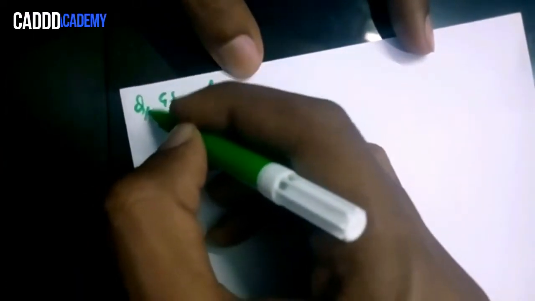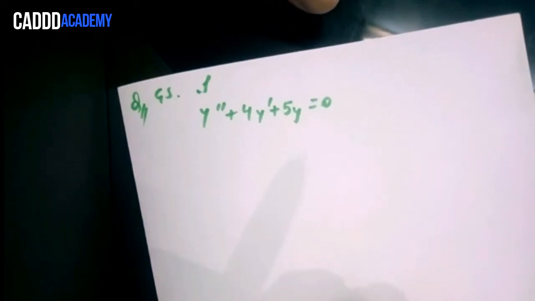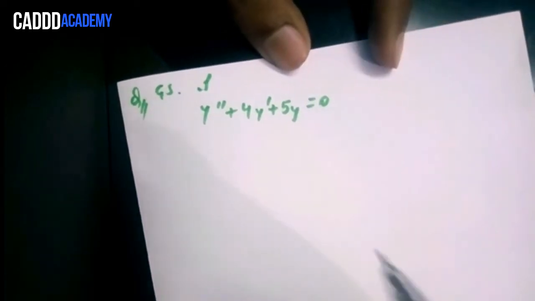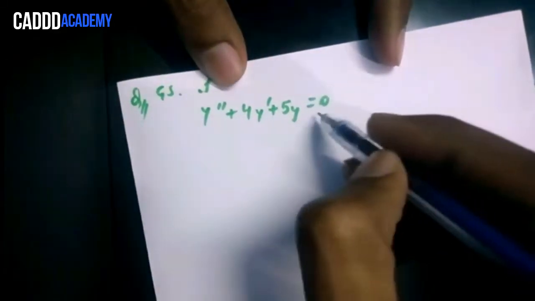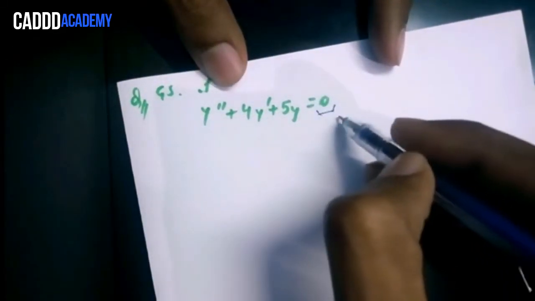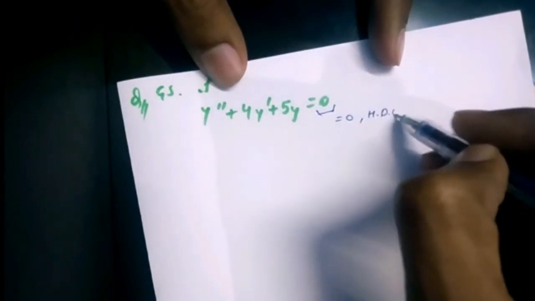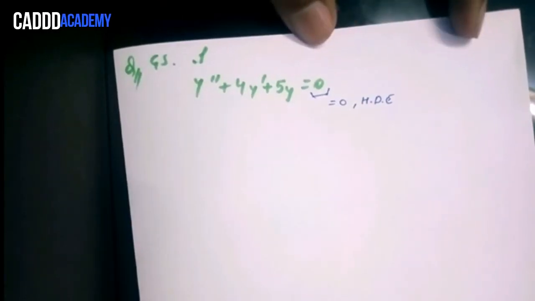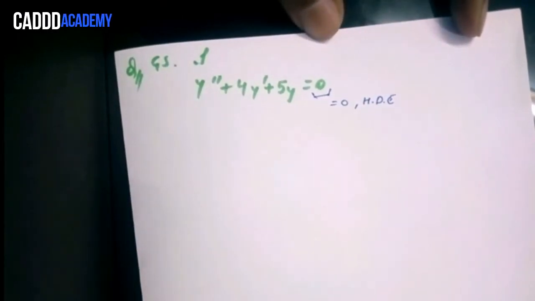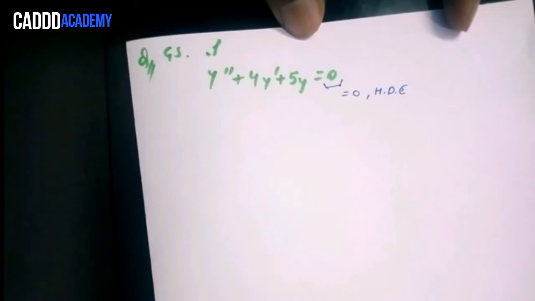Since this is equal to 0, we can say it is a homogeneous differential equation. For a homogeneous differential equation, the general solution is just the complementary factor. We don't have to get the particular integral for this equation.